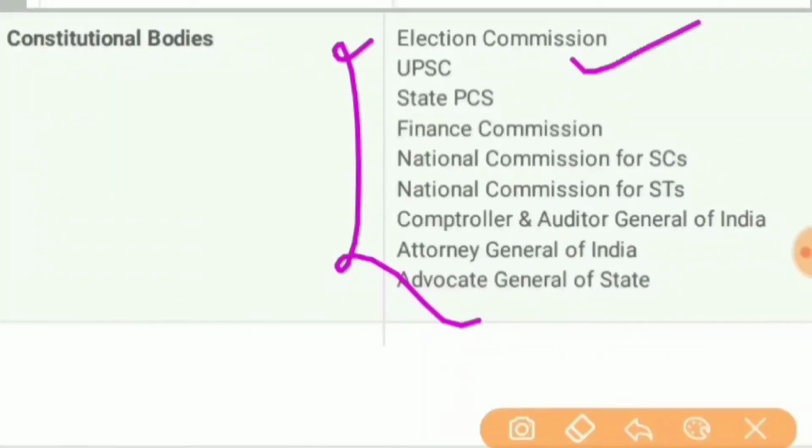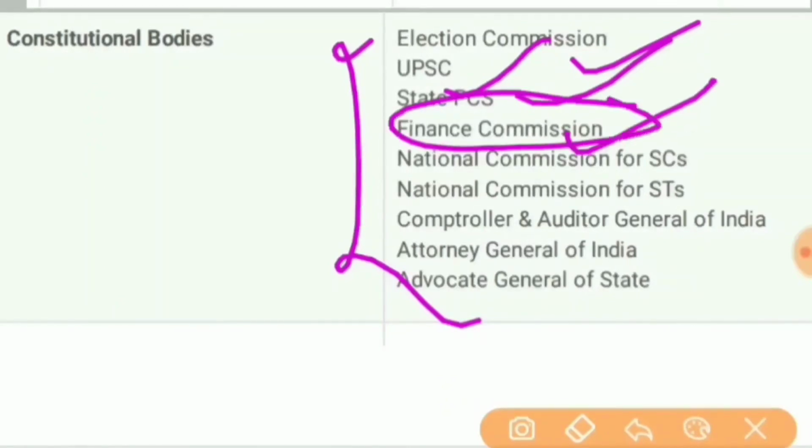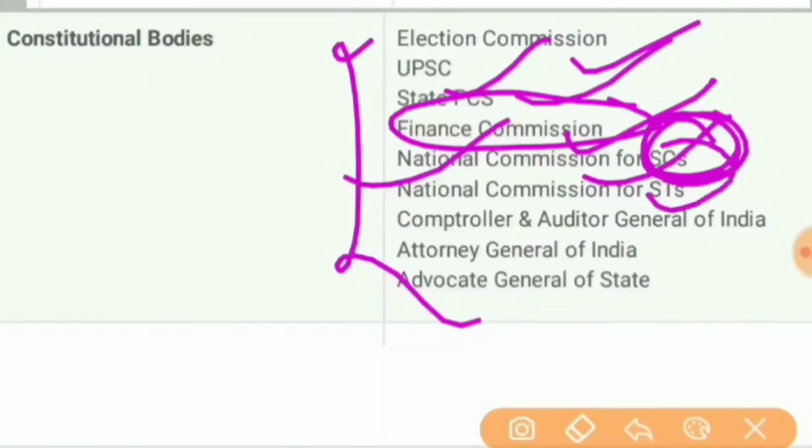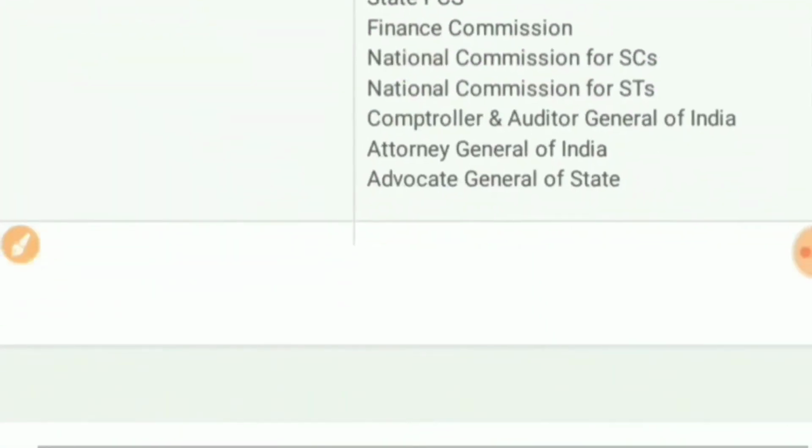The first one is the Election Commission, that is its powers and functions, its composition and removal. Then the Union Public Service Commission, State Public Service Commission, Finance Commission, which is formed every five years by the President, and the National Commission for Scheduled Castes. It has some powers for the protection of the rights of the scheduled castes, similar to the National Commission for Scheduled Tribes.